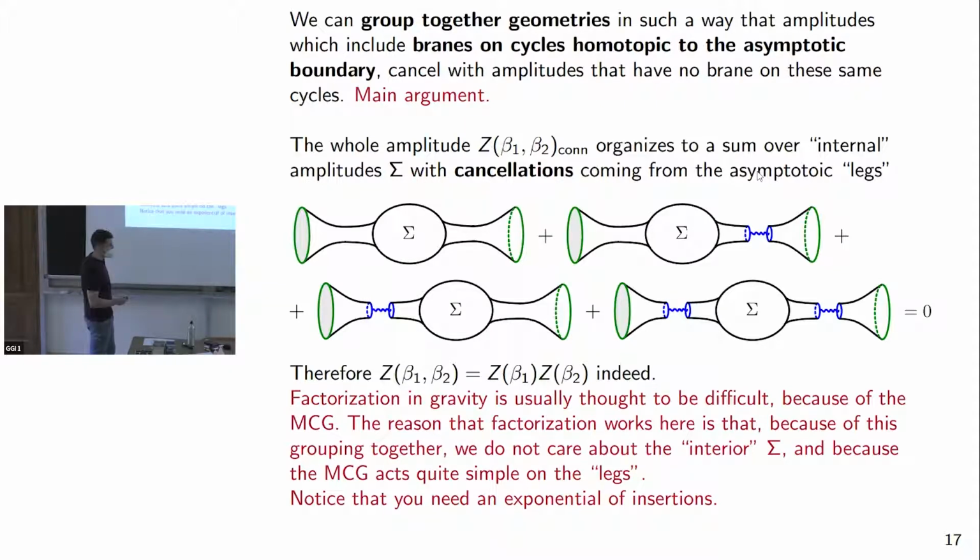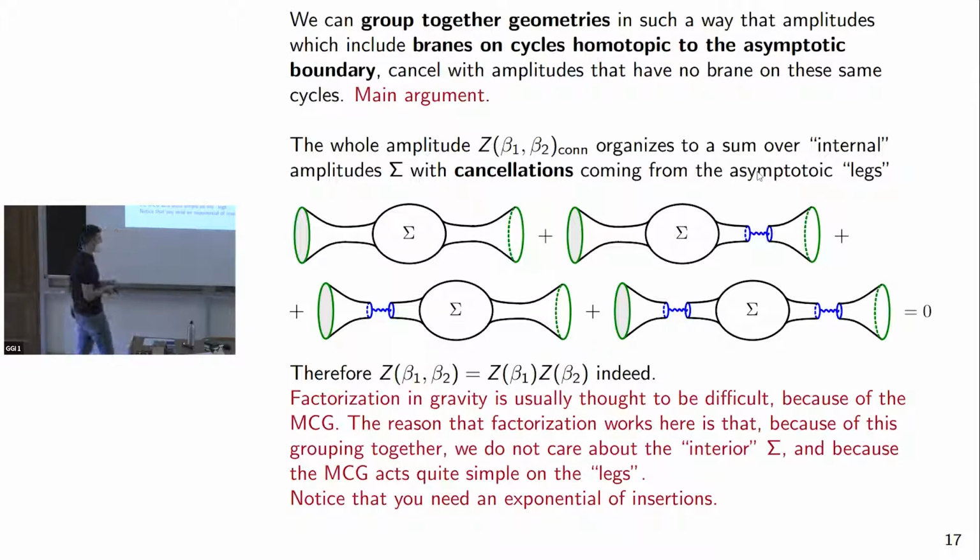And the point is that for any sigma, the sum is 0. In particular, if I do this integral of this amplitude, I get the first amplitude, but with an overall minus sign. And the reason is that if you compute these amplitudes, in general, it's hard to compute these amplitudes because there's something called the mapping class group, which makes computation of JT amplitudes a bit more difficult.